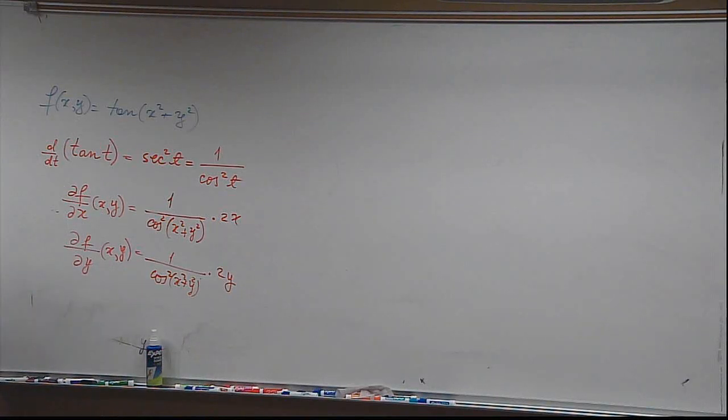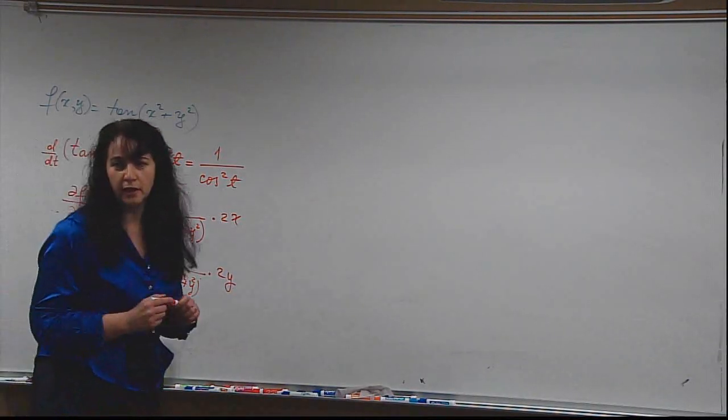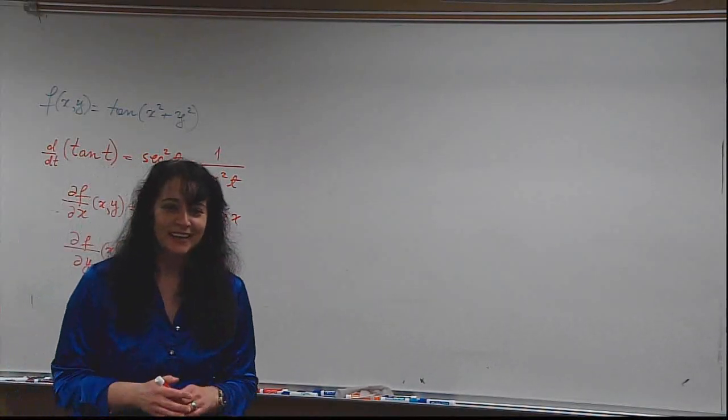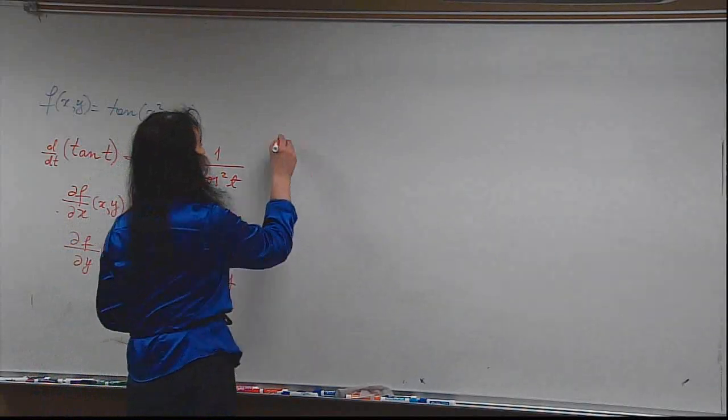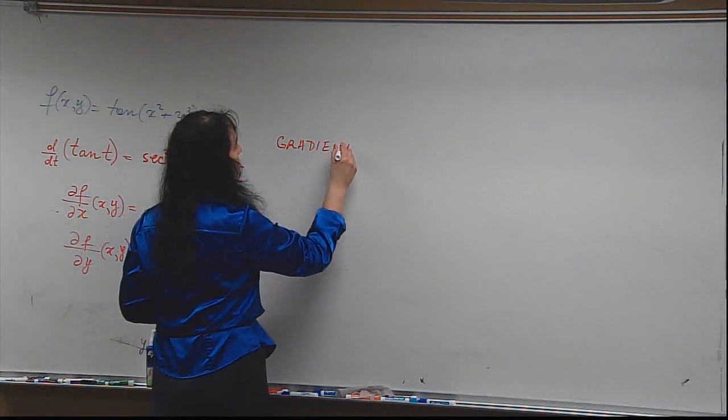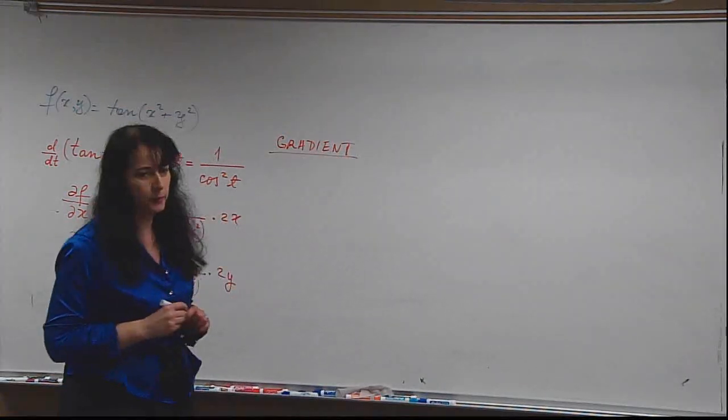I want to tell you something that I will repeat, but you will see it all through the course. There is a certain notion that Alexander reminded me of, the gradient. We don't talk about gradient until a few sections from now, but I'd like to anticipate a little bit.